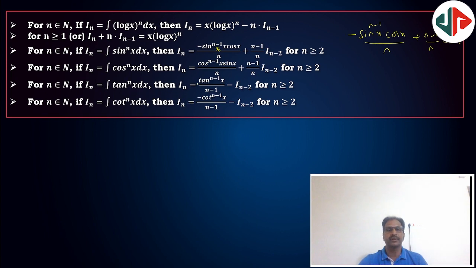Integral tan power n x is tan power n minus 1 x by n minus 1 minus I n minus 2. Integral cot power n x is minus cot power n minus 1 x by n minus 1 minus I n minus 2. Or for these two, I n plus I n minus 2 is equal to tan power n minus 1 x by n minus 1.